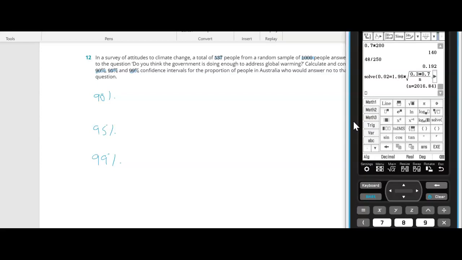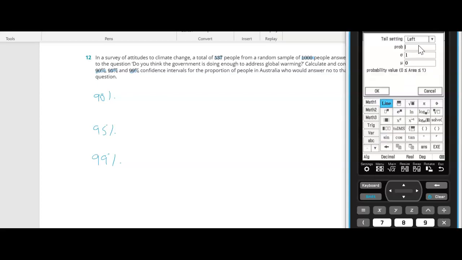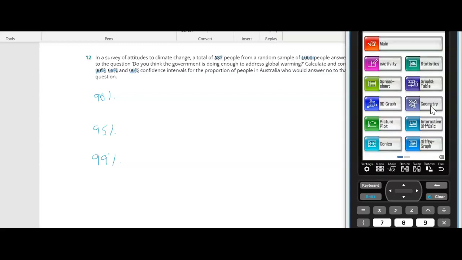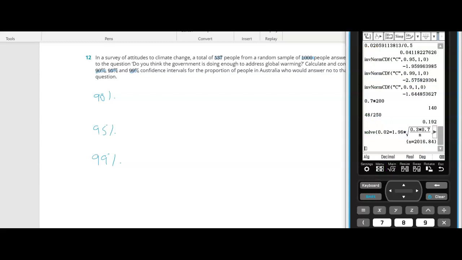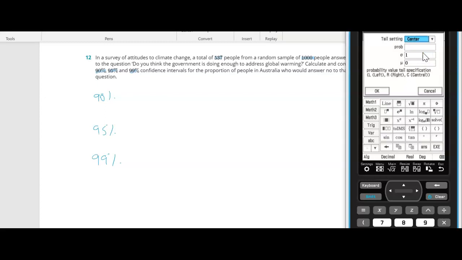So to get those critical values, remember we go to inverse normal. Okay, so for 90%, 0.9.